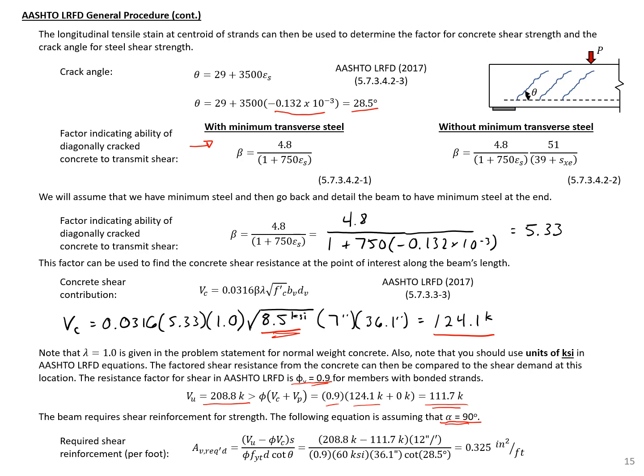Which allows us to find our required shear reinforcement per foot using the equation shown here. It's the same as ACI, only we have an additional cotangent theta term down there at the bottom. So you can see that the required shear reinforcement per foot here is 0.325 square inches per foot.